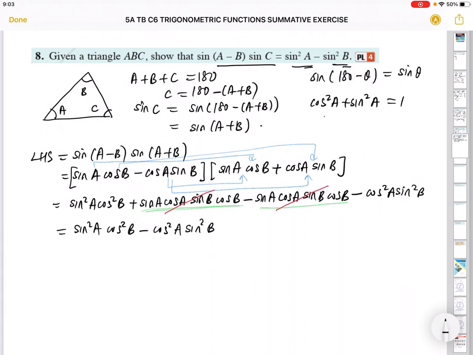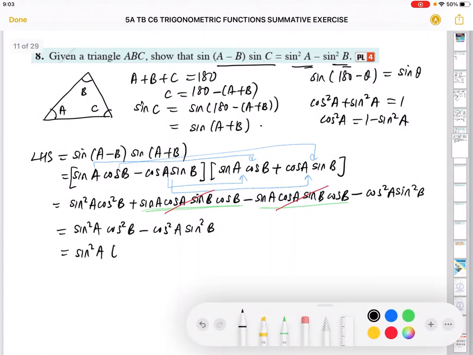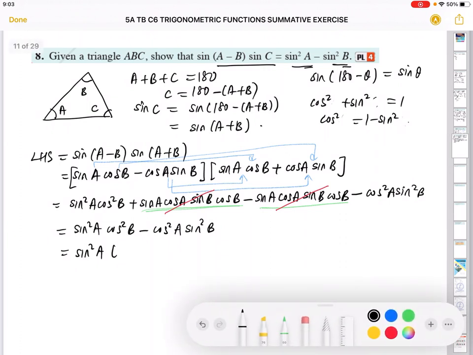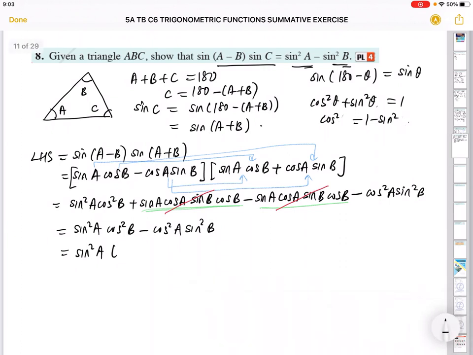Perhaps I should just use theta, since A might confuse you; this is just general. So my cos square B is 1 minus sine square B, whereas my cos square A is 1 minus sine square A.